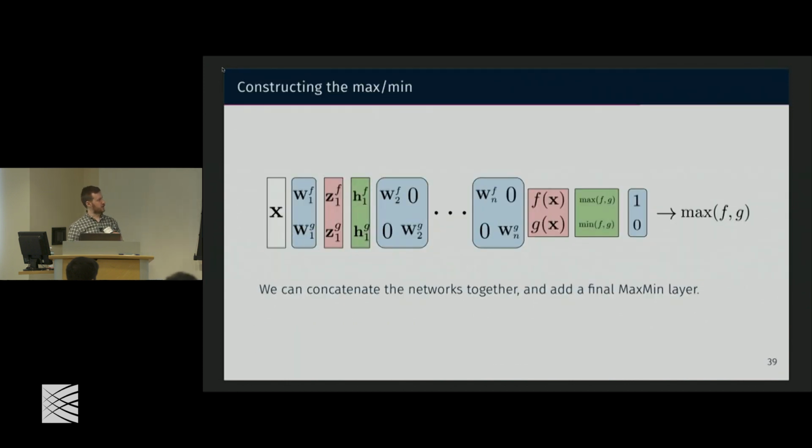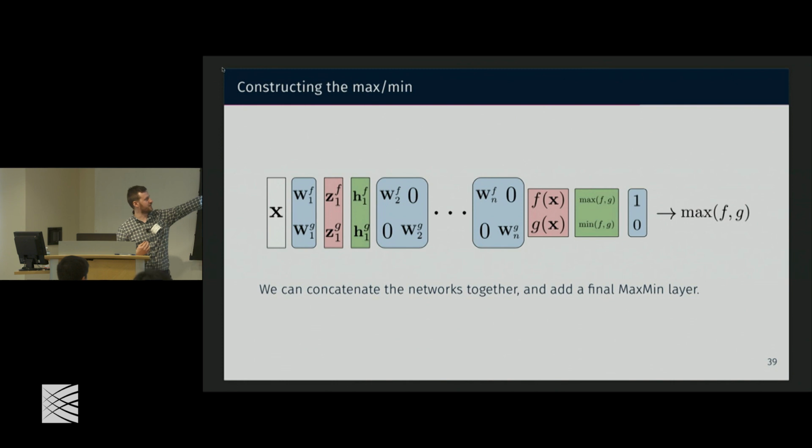I'm going to have the same input x to my neural networks, and then I'm going to concatenate together the weight matrices W1F and W1G in the first layer. Note that here we're having an infinity norm constraint, meaning if each of W1F and W1G has its largest row sum bounded, then if I concatenate them, that's the same sort of supremum, and so these also obey our infinity norm constraint. So we can do this operation.